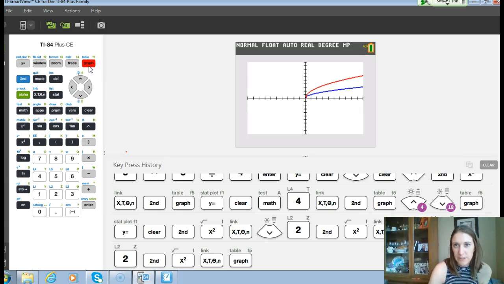There's the original, there's the 2, and there's the 1/2. So notice the center point, if you want to call it that, the starting point is still at 0, 0 for all 3 of those functions, but the 2 times square root of x was the red one. That one was vertically stretched and started to go higher, grew at a faster rate. The 1/2 was slower to grow. So I think that kind of makes sense as far as our knowledge of what a vertical stretch does to everything.